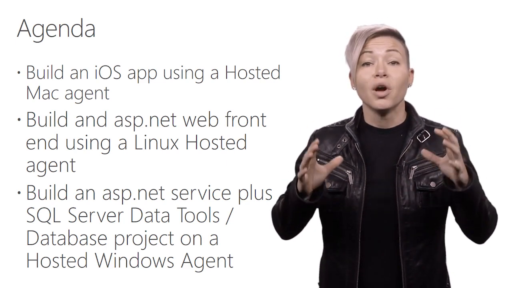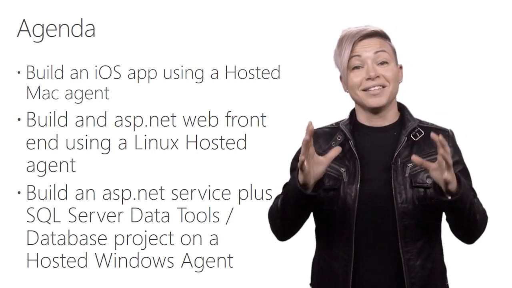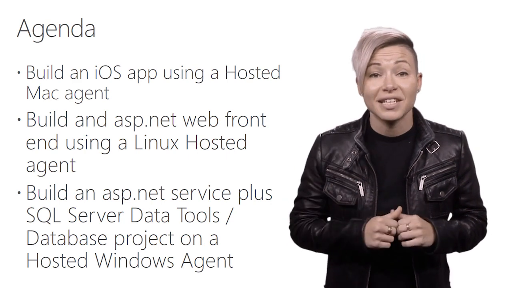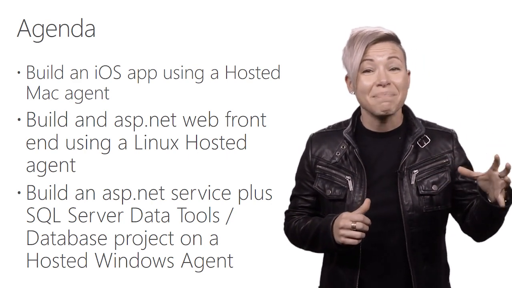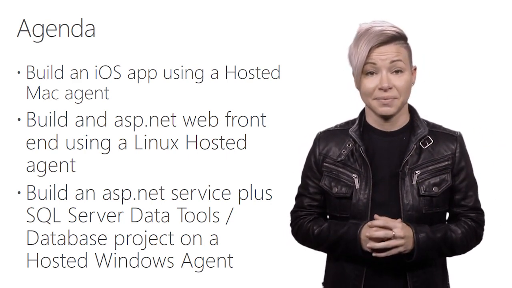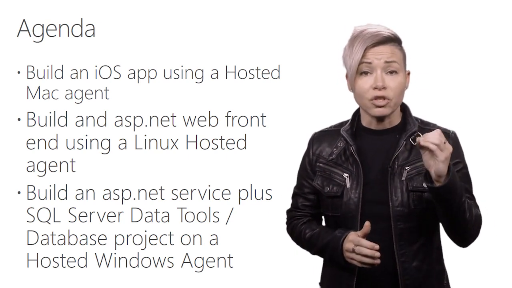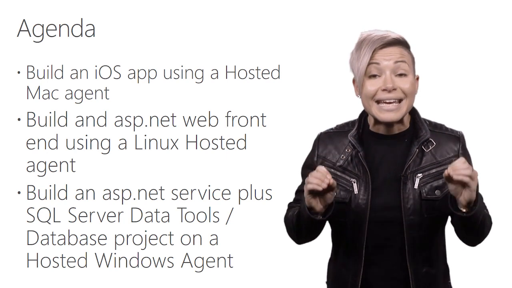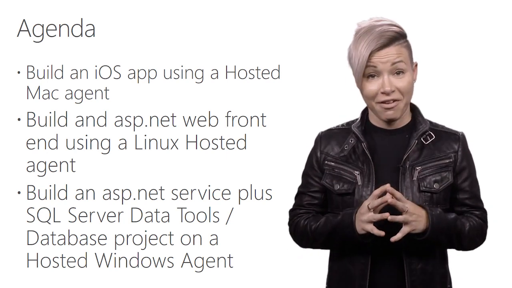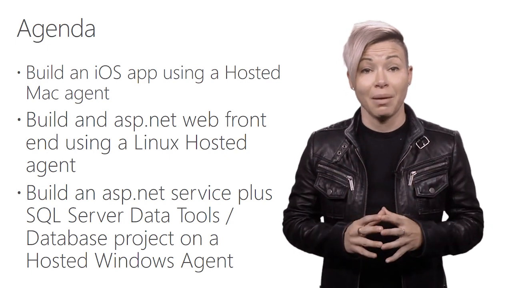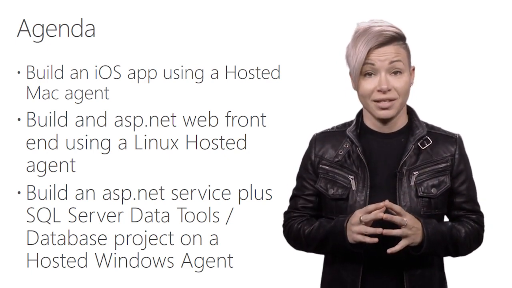I was also super surprised to discover how easy it is to configure VSTS to handle even Mac and Linux-based builds. For today's demo, we are going to show how we can truly build nearly anything, regardless of platform. First, we will build a mobile iPhone app using a hosted Mac agent.